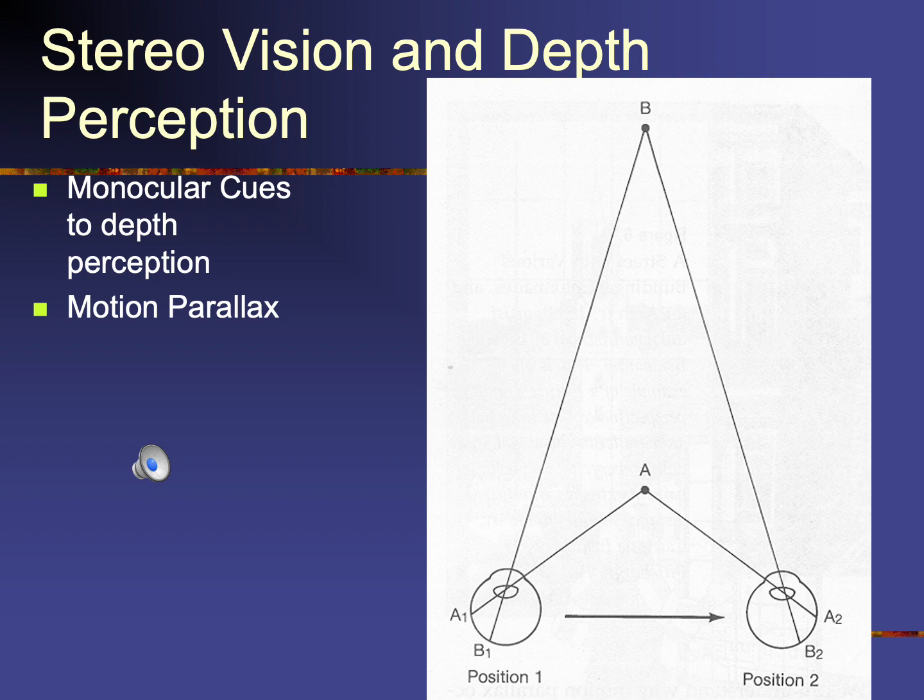at position 1 than it does at position 2, which is very different from the locations of position 1 and 2 for object B. Objects that are far away from us tend not to move around on the retina very much as you look at that visual scene; they tend to stay in the same place. Notice that B1 and B2 are roughly the same place.